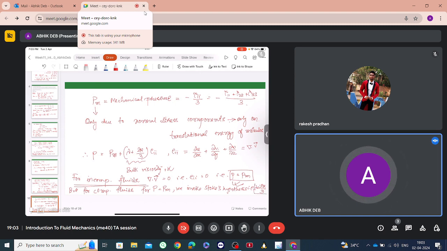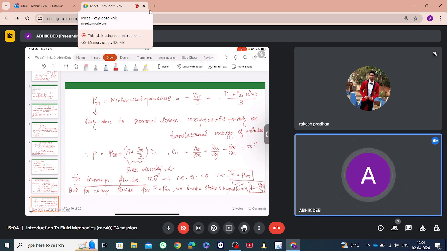That is a Stokes hypothesis, right? When lambda is equal to minus 2 mu by 3, this term will also become 0.